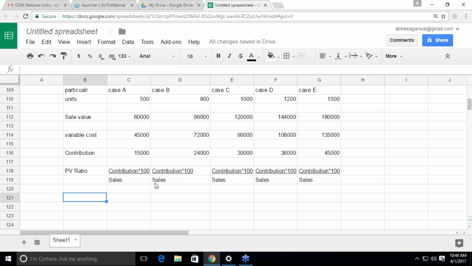So now first, let's see how we are going to calculate. This will be 15,000 multiplied by 100 divided by 60,000. Similarly, 24,000 multiplied by 100 divided by 96,000.